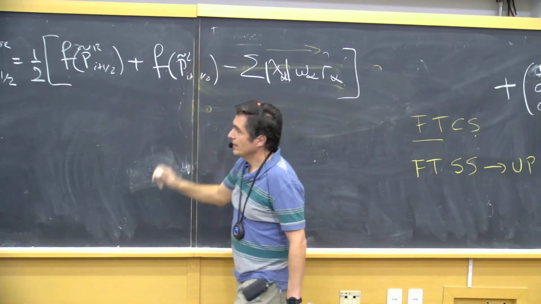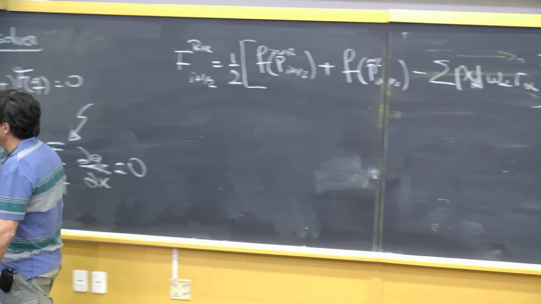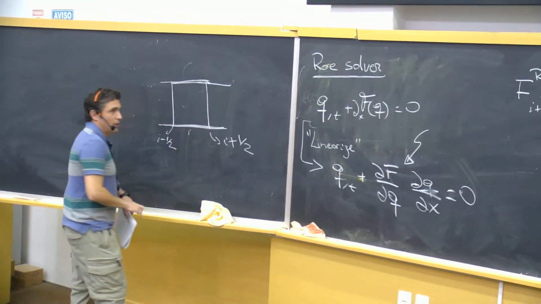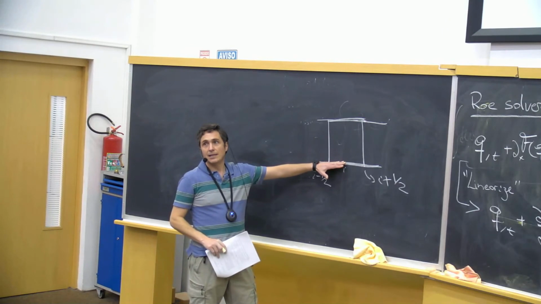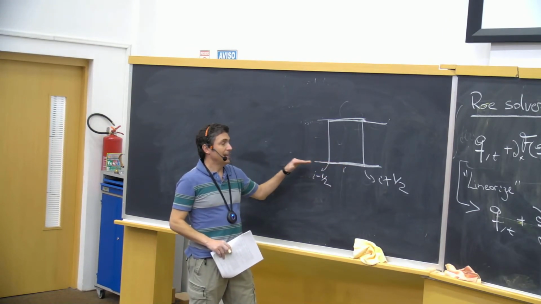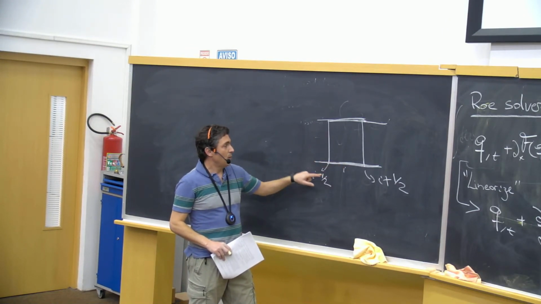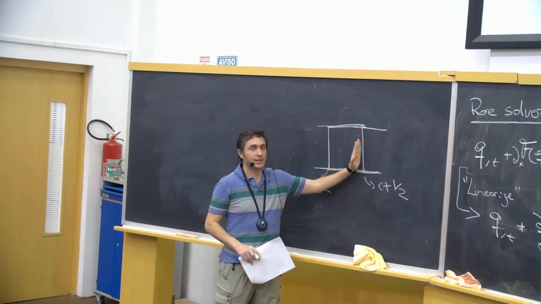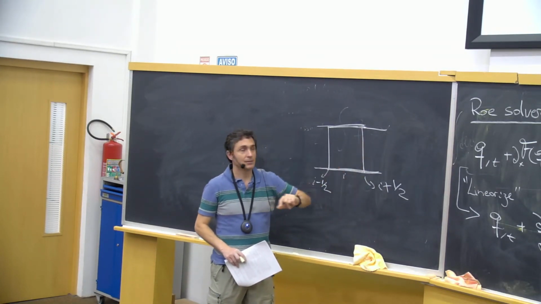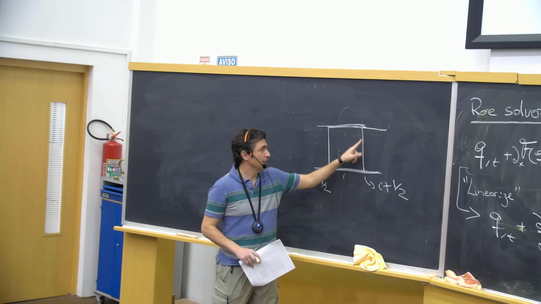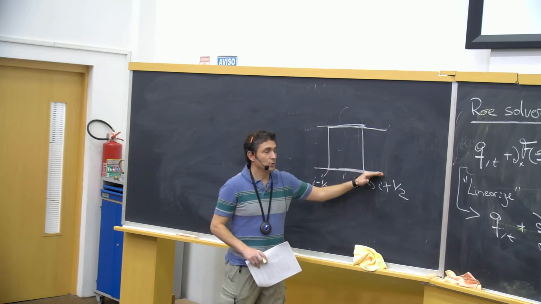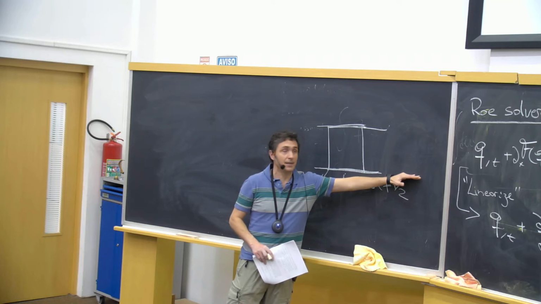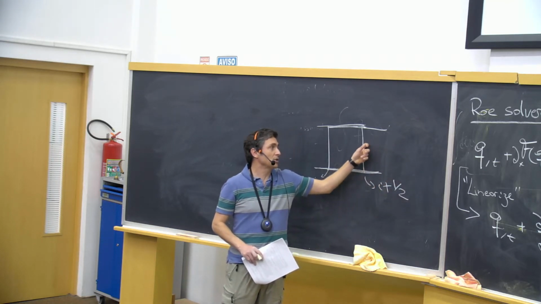What is that? That says take, from the cell, and depending on what you're doing, from the left of that cell, a way to approximate the values of your functions at these cells, and call that left, because you're coming from the left at that interface. Do the same thing on the right side and get an approximation from the right.